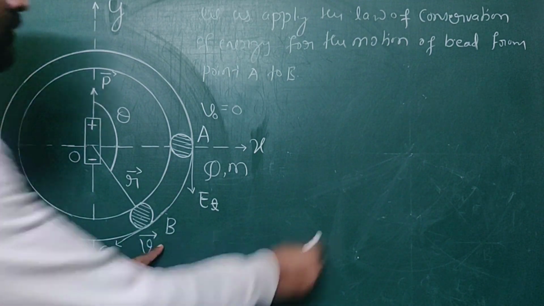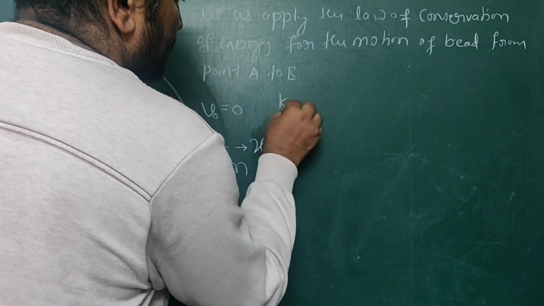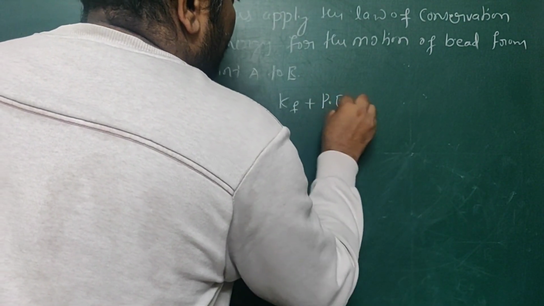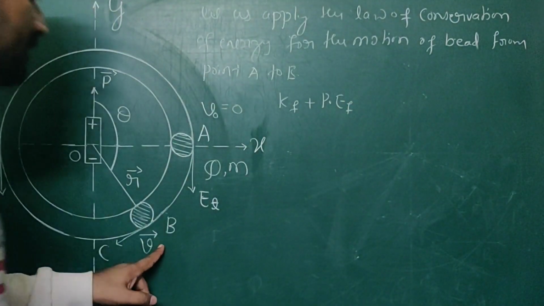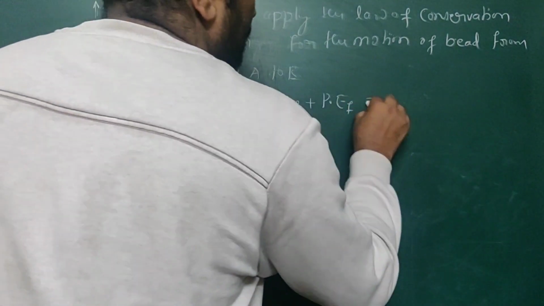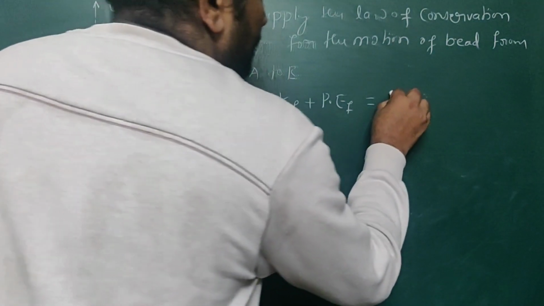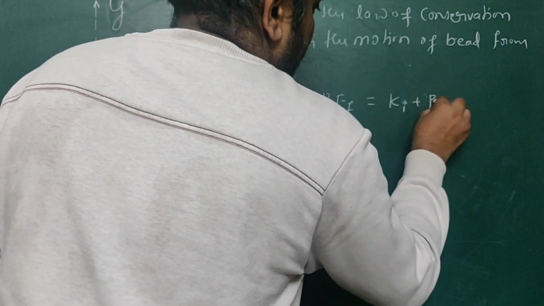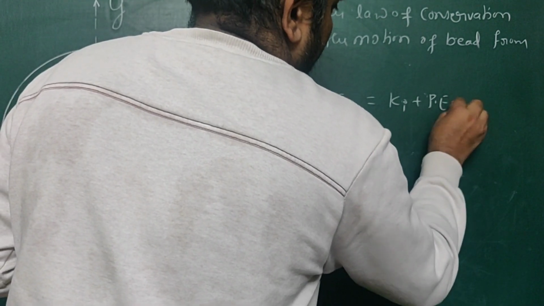At point B, we have the final kinetic energy Kf plus the final potential energy Pf. That should be equal to, at point A, the initial kinetic energy Ki plus the initial potential energy Pi.